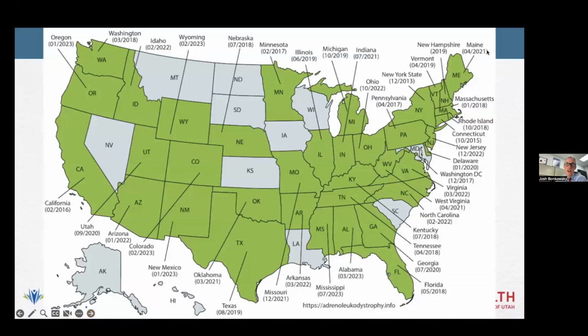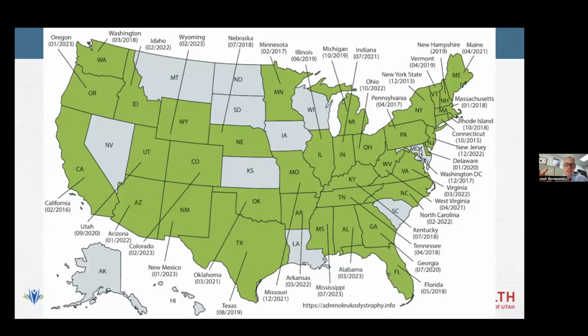This is, as of this summer, the entire United States showing which states have implemented newborn screening for ALD, and you can see the little arrows that show the different dates of implementation. For example, in Utah, we presented this very early to our state newborn screening lab, and it got approval at the screening lab and then was taken to the legislature.